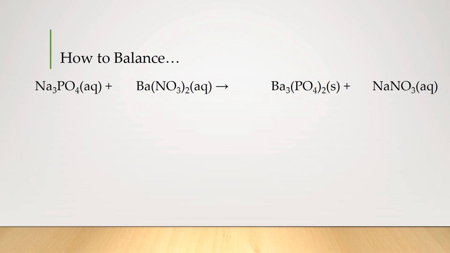All right, this one looks incredibly complicated. But what I want you to look at is check the back of your periodic table and look at the list of polyatomic ions.